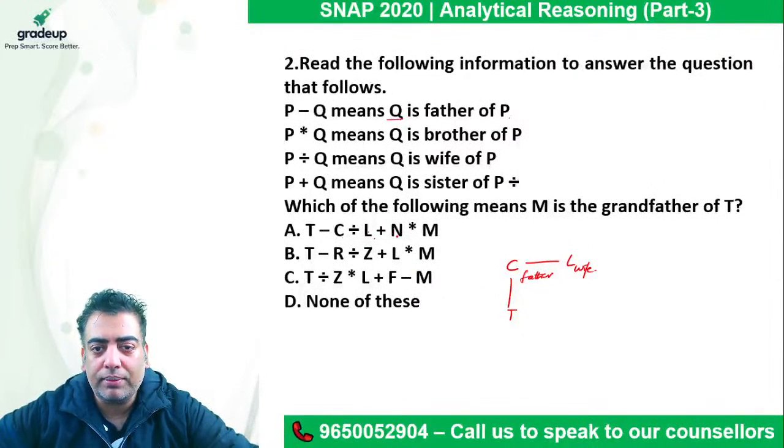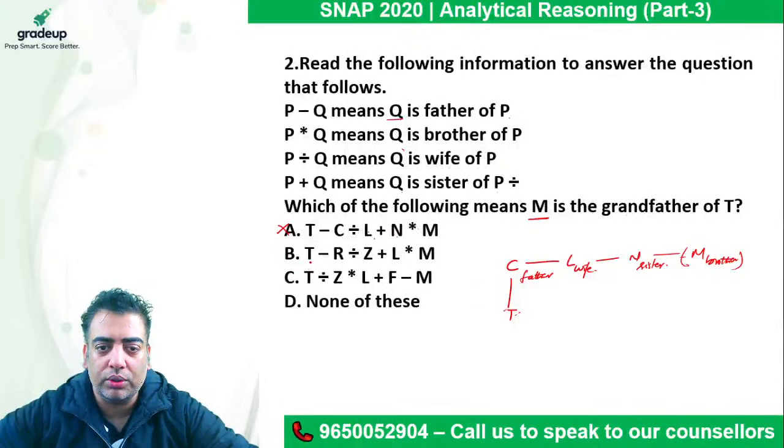L plus N means N is the sister of L. N times M means M is the brother of N. So here we can clearly see that M is not the grandfather of T, right? So there is no such relation coming up in option A, so that is ruled out.